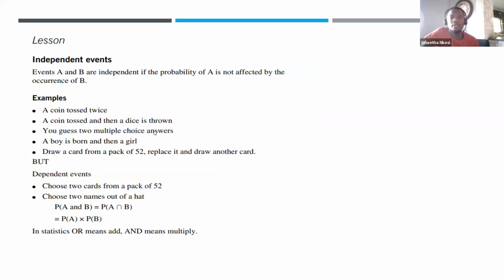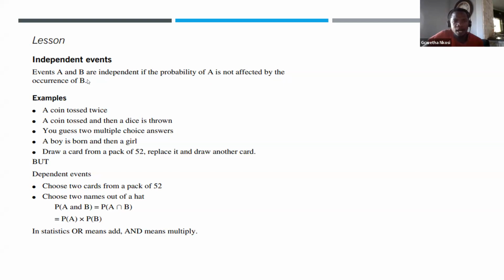Now let us look at independent events. When you explain independent events, you will always get the definition. Events A and B are independent of each other if the probability of A is not affected by the occurrence of B. So you should note this.